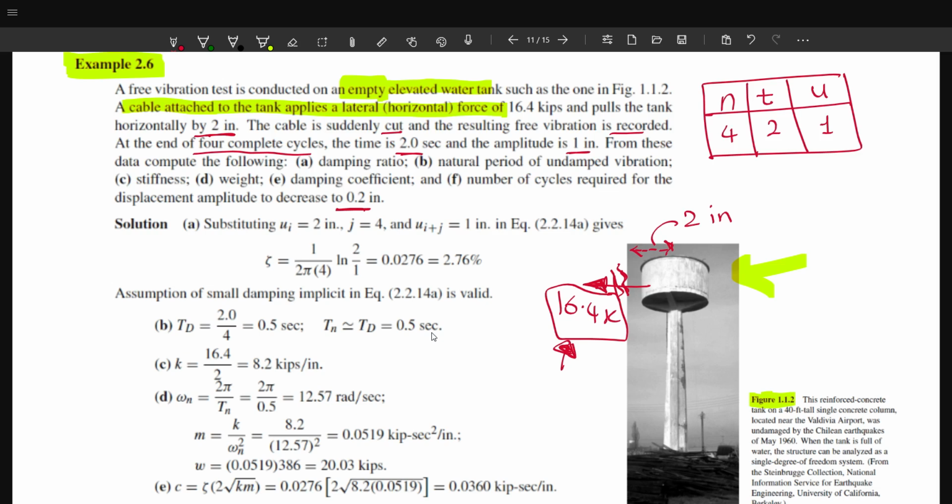Okay, so now let's understand how we can deal with this. First of all, let's start with the damping ratio.